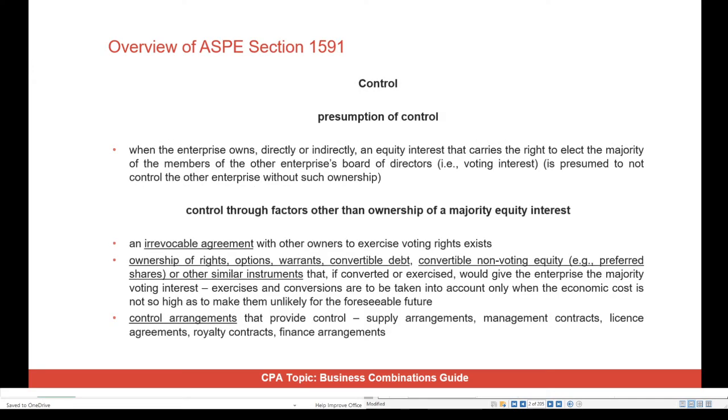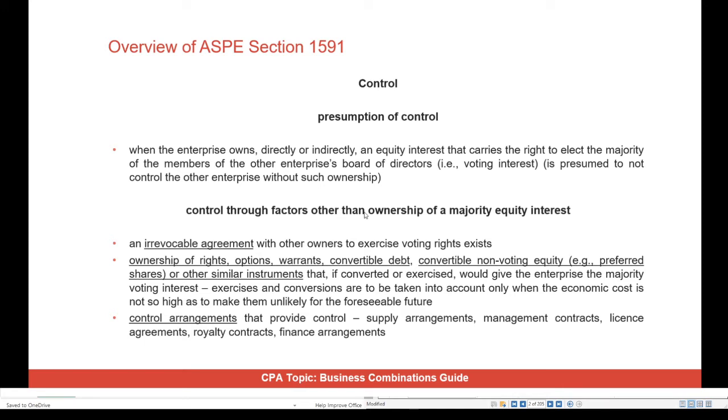Now, specific to ASPE 1591, control means when an enterprise owns directly or indirectly an equity interest that carries the right to elect the majority of the members. Okay, so this is how ASPE defines it. And so when you're pulling the criteria, make sure you conceptually understand who has the power, who has the control, but ASPE is going to use this type of definition: elect the majority of the members of the board of directors.